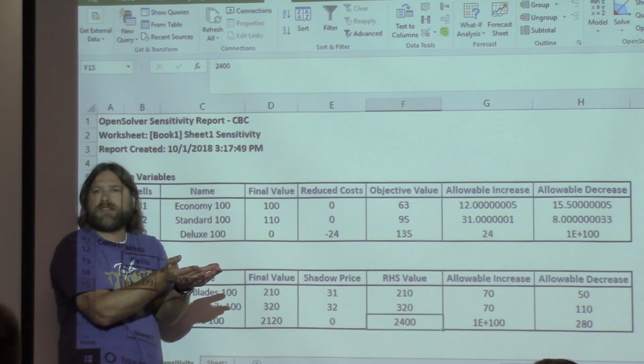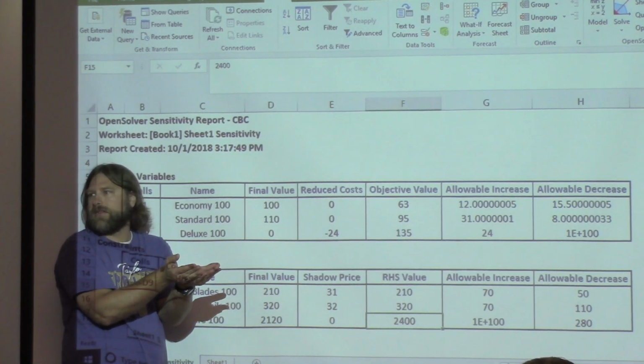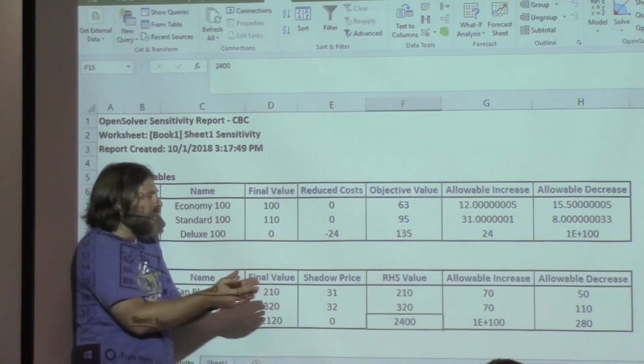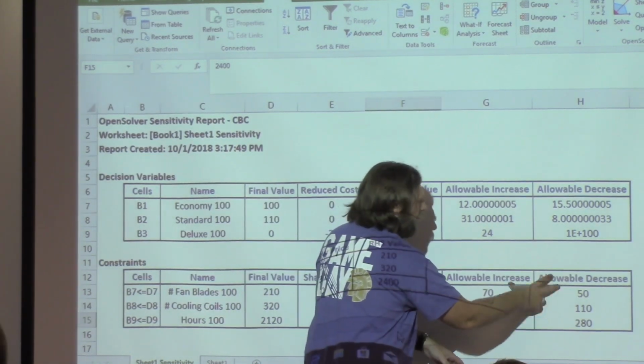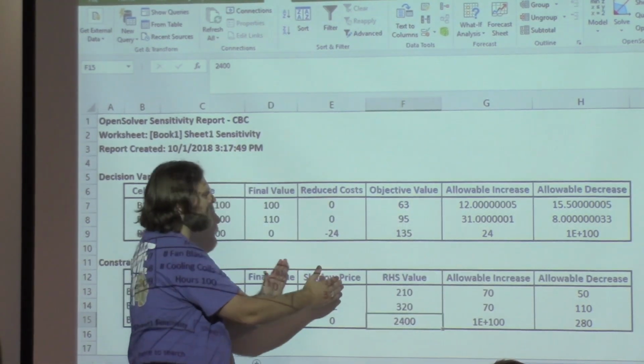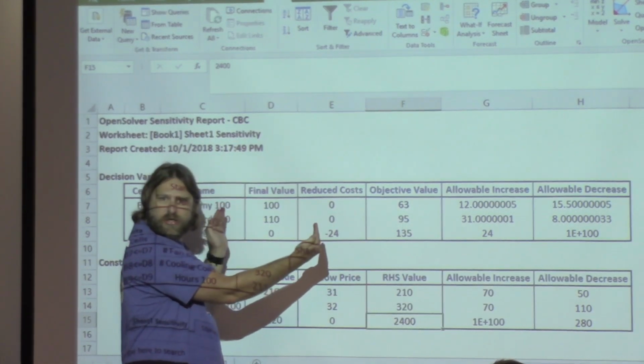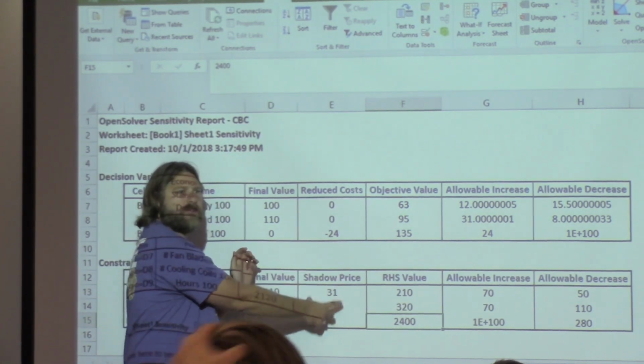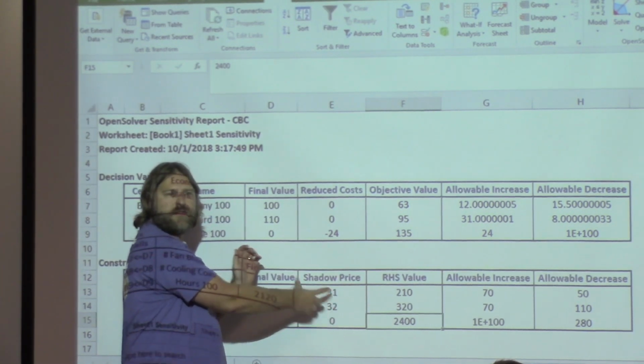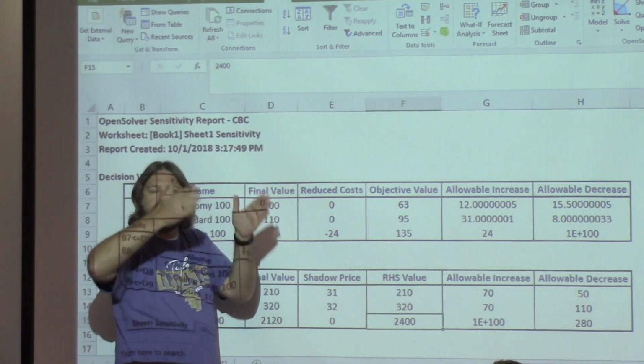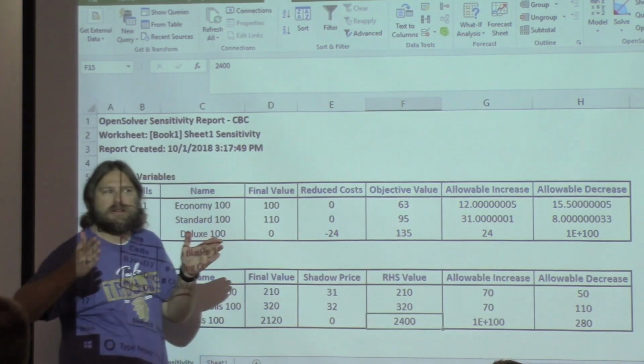It is going to cost us something to drop those hours below that 280. So these two here are giving us a range within which this shadow price is valid. So it's not unlimited. We can only make those changes in that limited range.